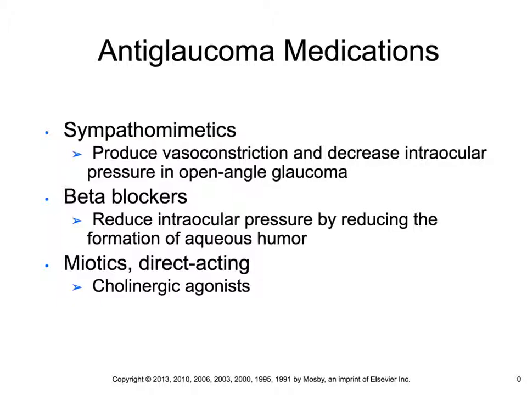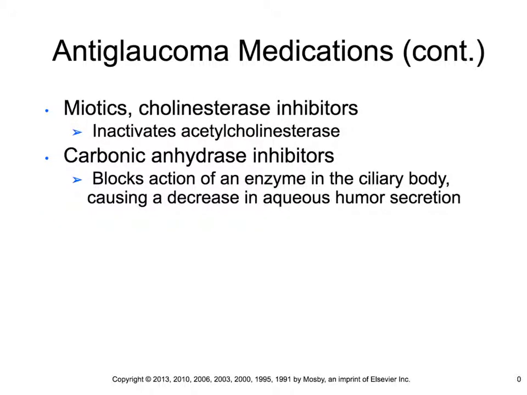When the pupils are constricted, the anterior chamber angle is open, and this allows an increase in the outflow of the aqueous humor. So when the acetylcholinesterase is inhibited, the sphincter of the iris contracts as well. This helps facilitate the increase of the aqueous humor flow.